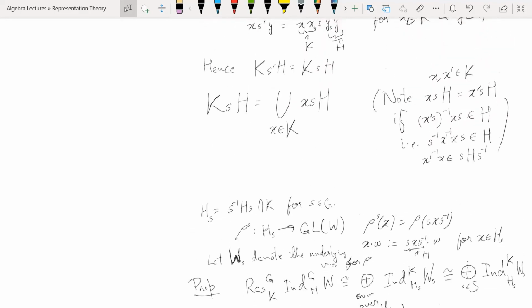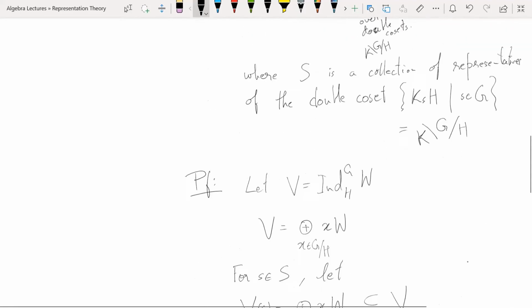So KsH is some collection of double cosets, and every left coset is in some double coset, because if xH is some left coset, then it will be in KxH.